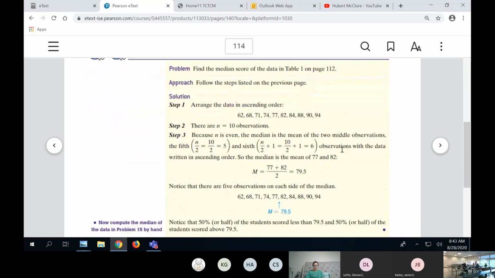If n is even, then you take the average of the two middle numbers. So if you are somebody that's never seen statistics before, you might want to make a note on page 114 on how to find the median. If n is even, you average the two middle numbers. If n is odd, you just pick the middle number.